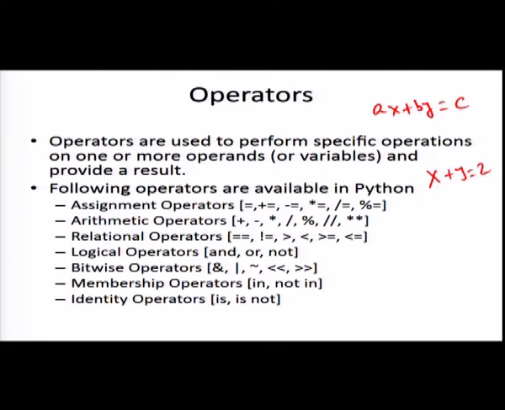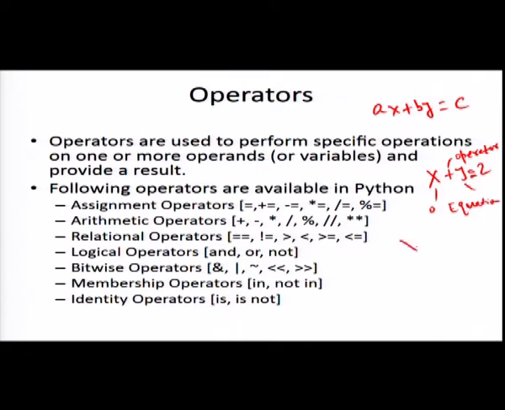Now this x and y are operands and this plus is said to be an operator, and when you give it as equal to 2, it means it is an equation. My dear viewers, what is the difference between an expression and an equation?